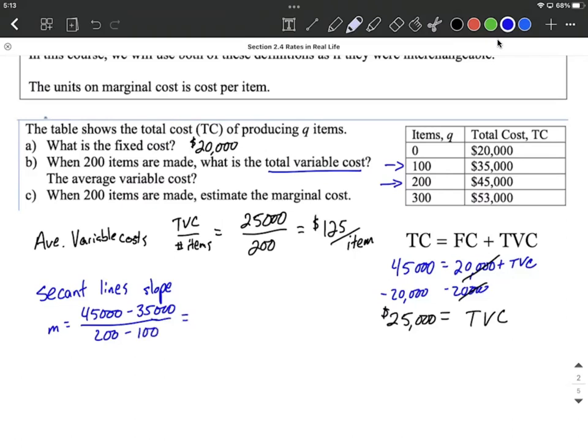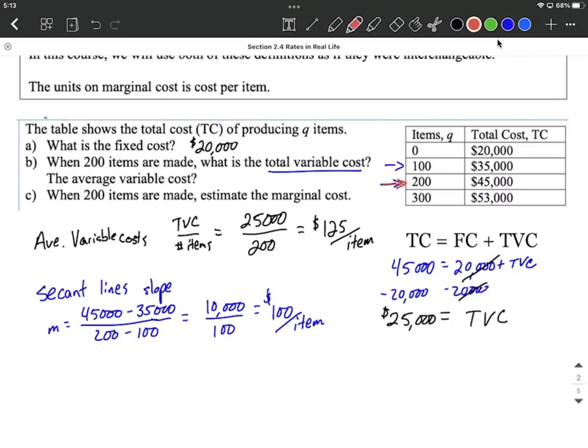All right, so that works out to be 10,000 divided by 100, or $100, and that's going to be a cost per item for the marginal cost.